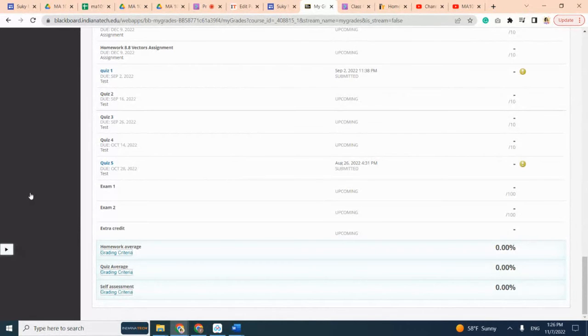You might see a very low percentage here because for this homework average, we count 38 homework assignments and we drop the 6 lowest. Okay? Because we haven't learned all the classes yet. So that's why you haven't finished all the homework, so you might have a low percentage. Okay?